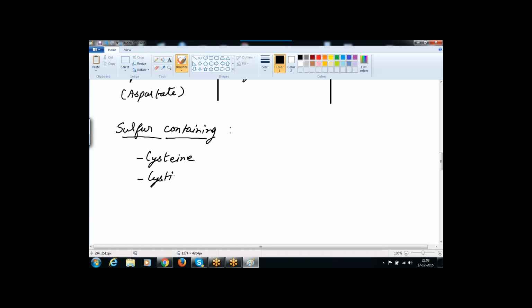Cysteine, methionine. So everything else will be non-sulfur containing.